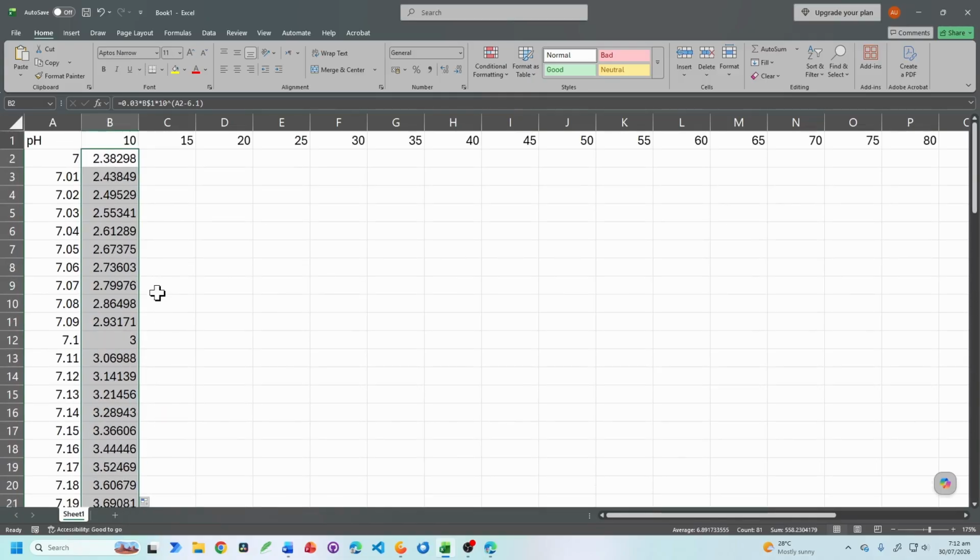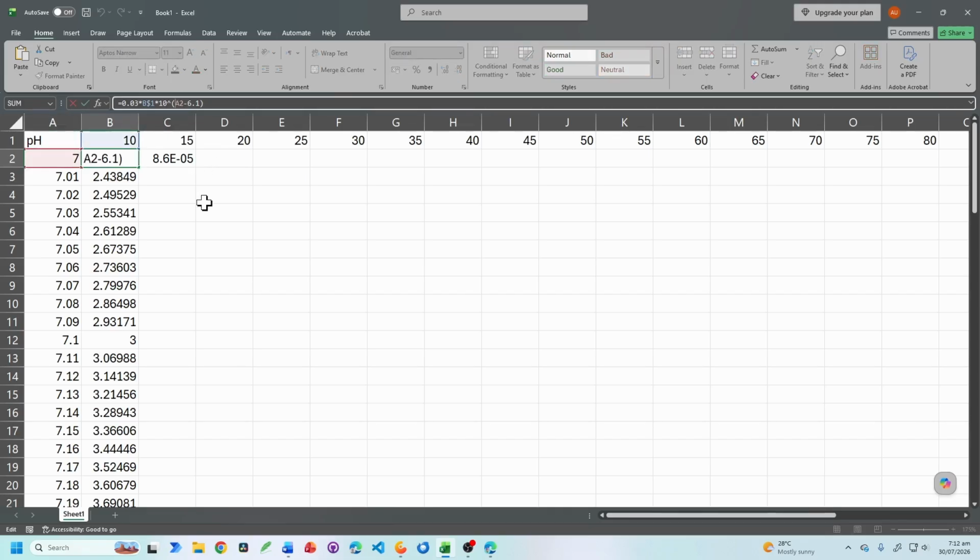Now the problem is that if I pull this formula here, you will see another problem. Now it is grabbing the pH value from this column. So again, I have to teach this Excel formula that it should stay fixed on this column.